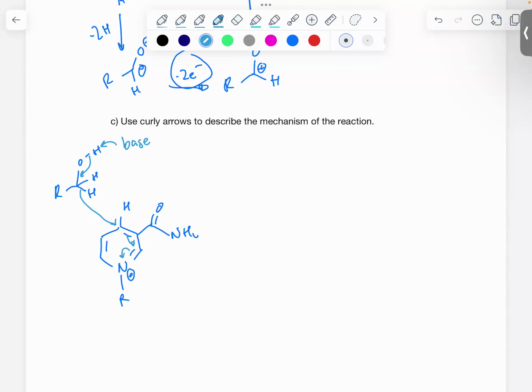And that will push electrons all the way around until we get to our aldehyde now and our reduced NADH. And with our conservation of charge, we now know that our base will be positively charged.